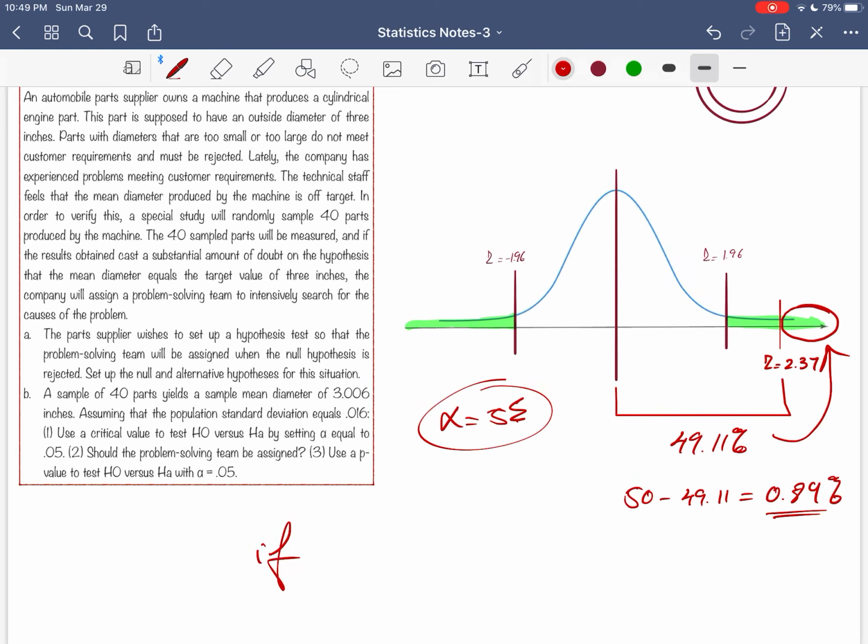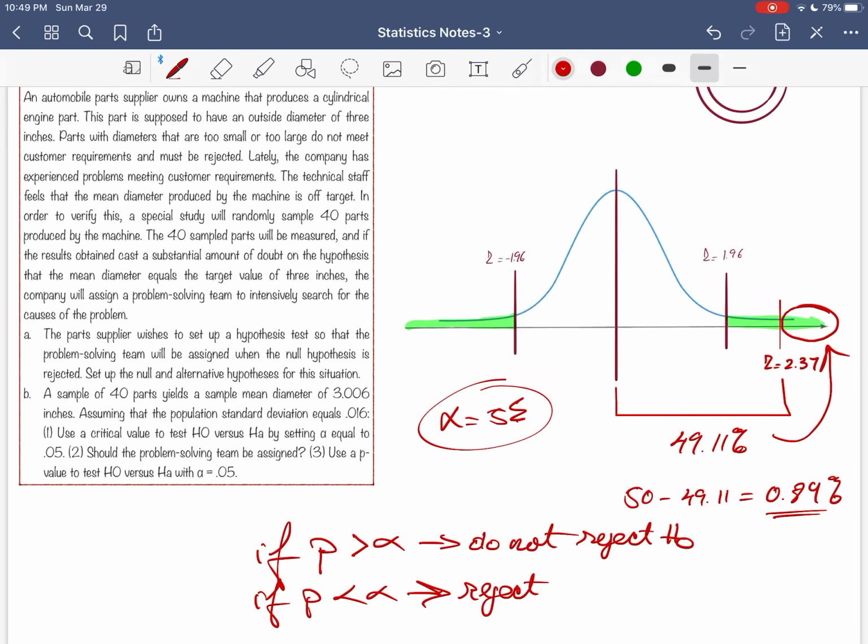If P is greater than alpha, then you do not reject H0. If P is less than alpha, then you reject H0. And I apologize for my horrible handwriting. And in this particular case, yes, 0.89 is much smaller than our alpha.